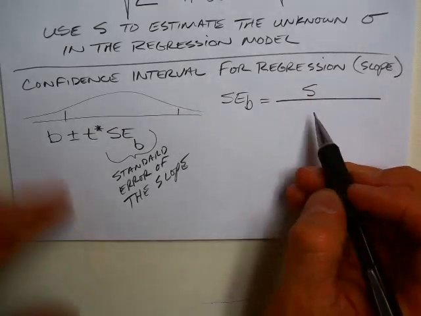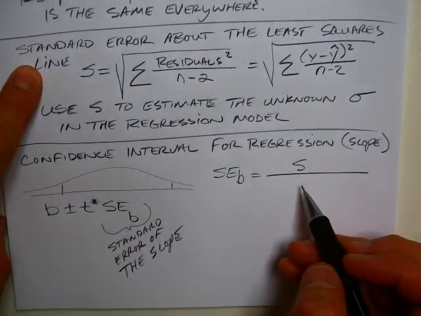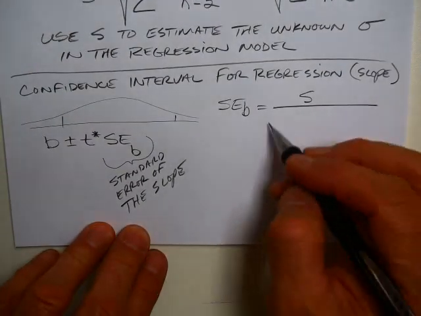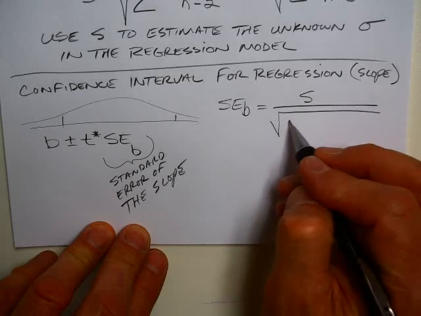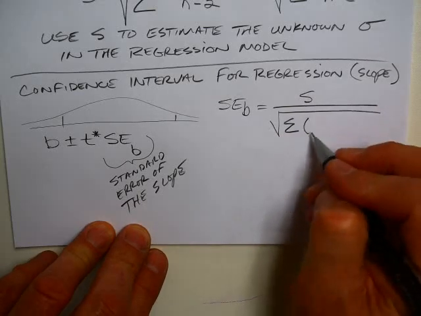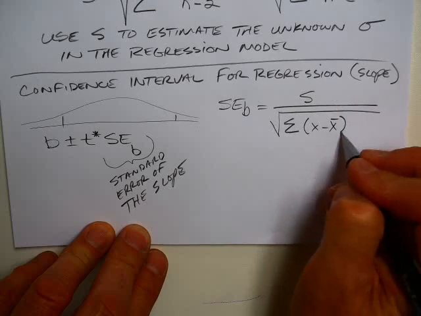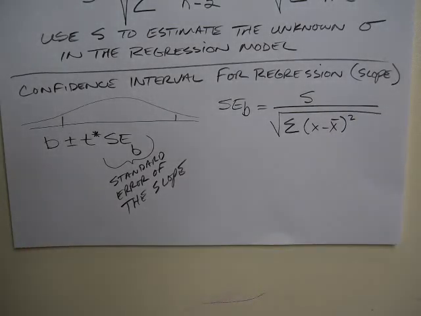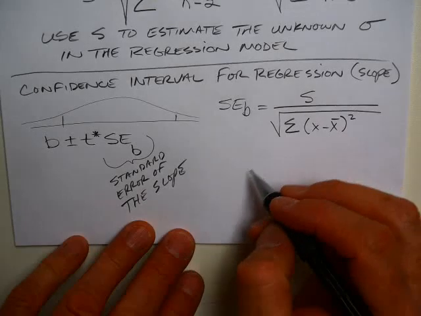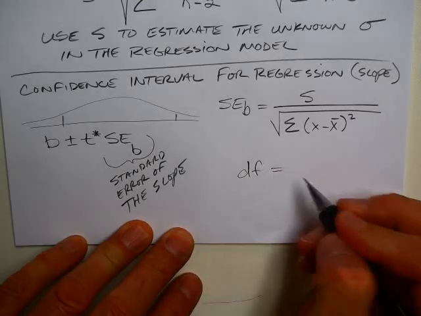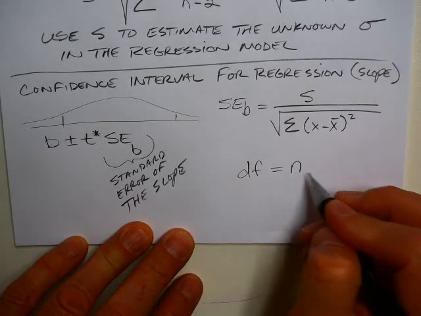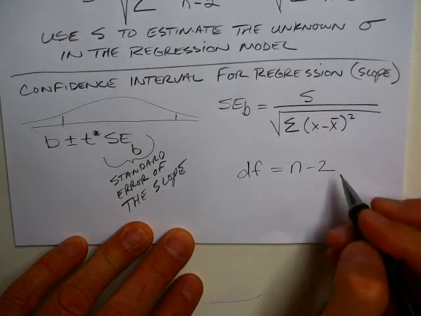It's S, the standard error that we have up here, divided by the square root of the sum of x minus x bar squared. And lastly, almost as much an afterthought as anything, degrees of freedom equals n minus 2.